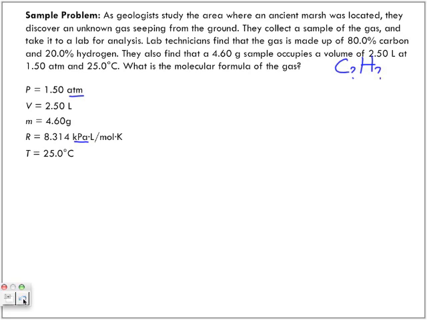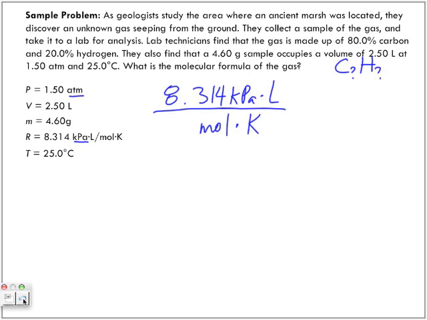So we've got 8.314 kilopascals liter per mole per Kelvin. That's really what that number means, where the moles and the Kelvin units are in the denominator.